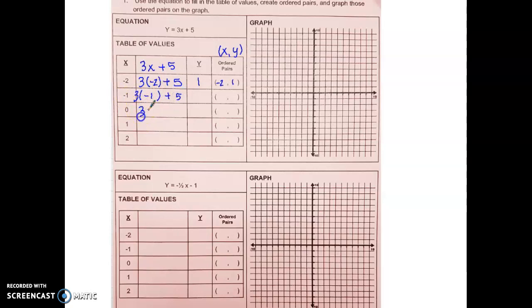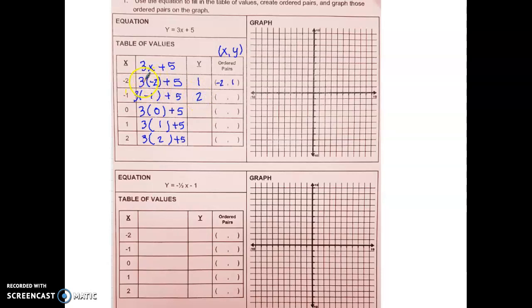If I were you, what I would do is fill in all of these equations first, then write in all your values for x. Okay, so now we have 3 times negative 1, that gives me a negative 3, and then add that to 5, and that's going to give me a positive 2.